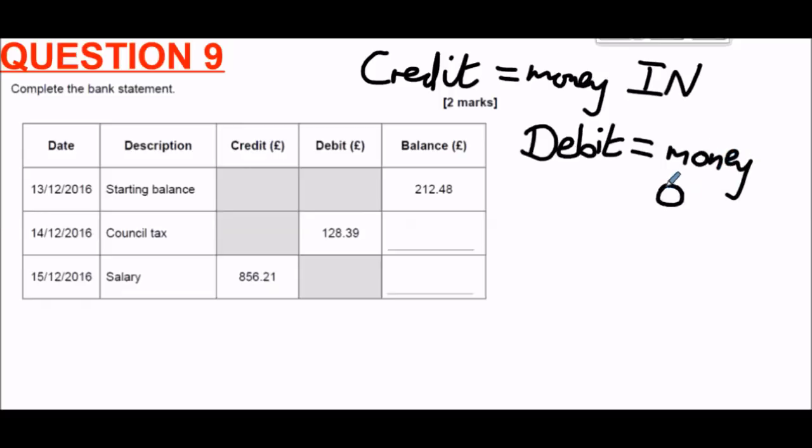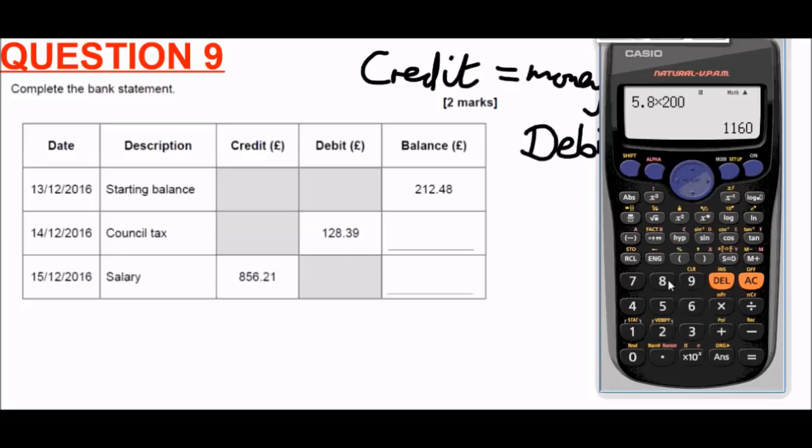And balance is just the money you have in your account right now. So starting balance is £212.48. A debit, council tax, think about it. Tax means money's going to be taken out. And so what we need to do, the new balance on the 14th of December will be £212.48, take away the council tax.